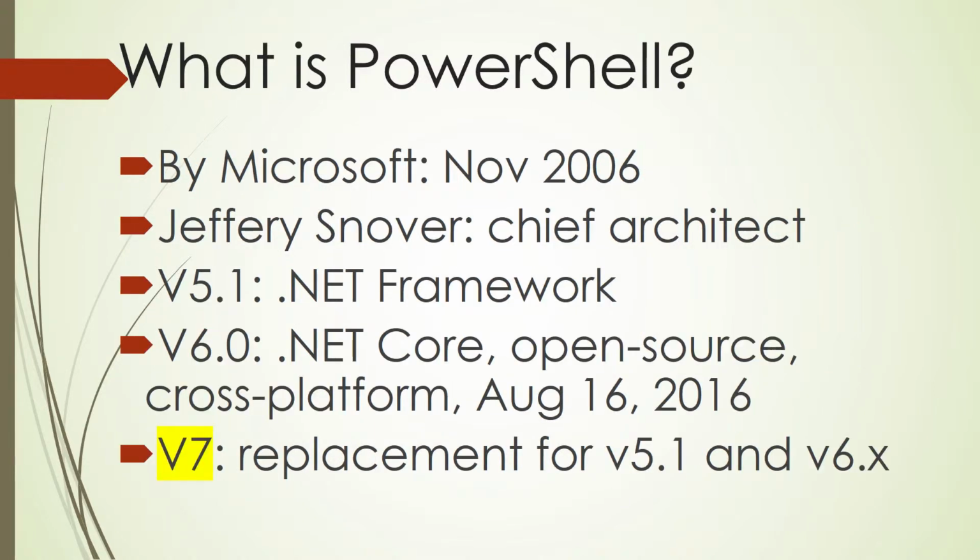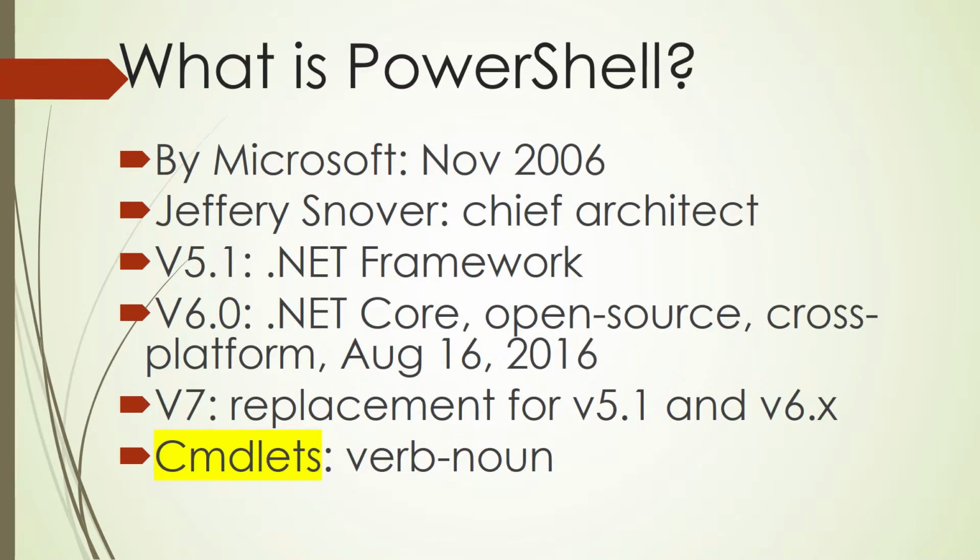At the time I'm preparing this PowerShell tutorial in June 2019, the latest version is PowerShell 7, which is designated as the replacement product for PowerShell Core 6.x products, as well as Windows PowerShell 5.1. The commands in PowerShell are called cmdlets, following a verb-noun naming system, like the commands we mentioned in the demo: Get-Item, Get-Member.